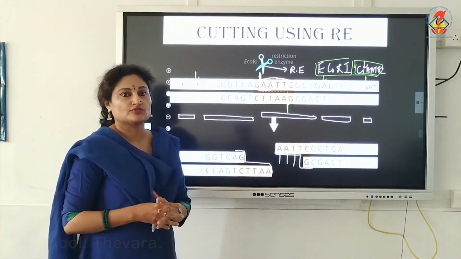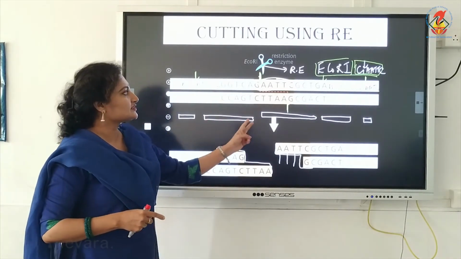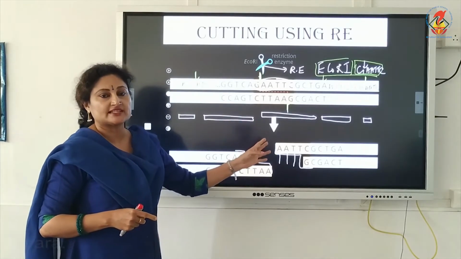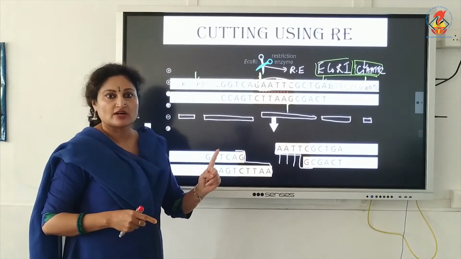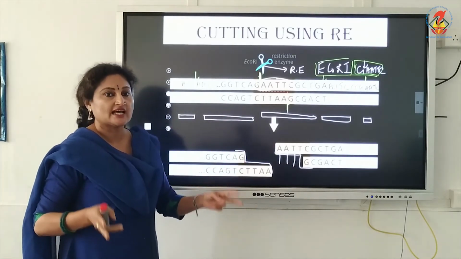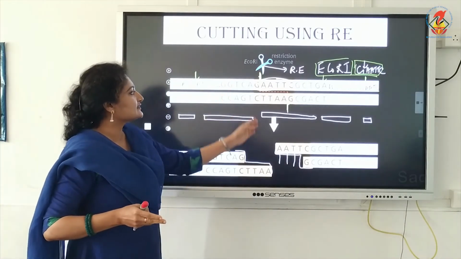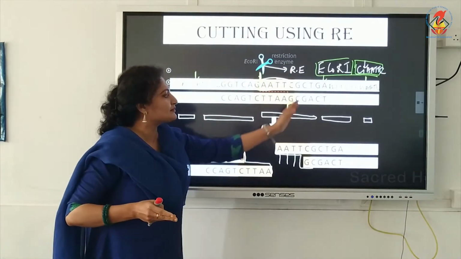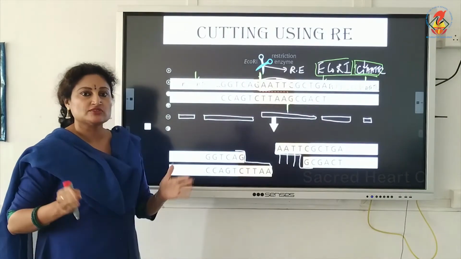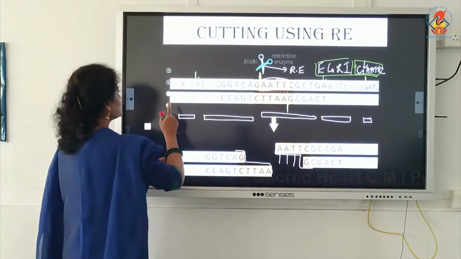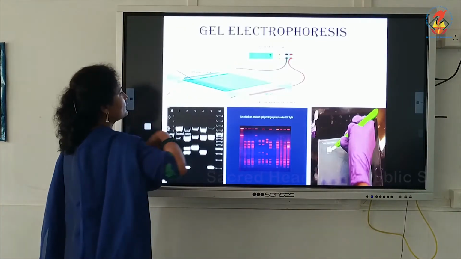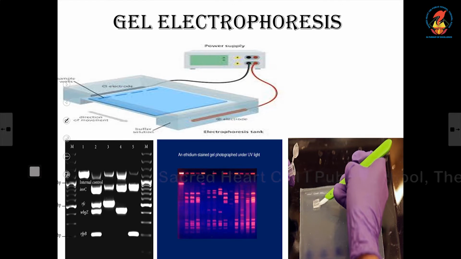Why gel electrophoresis? The reason is that restriction enzyme cuts at restriction sites, and restriction sites are not one or few, there are many restriction sites. As a result, wherever there is recognition sequence, this restriction enzyme cuts and we get a number of fragments of different size. So what is necessary is to go for gel electrophoresis. Gel electrophoresis uses an agarose gel slab.